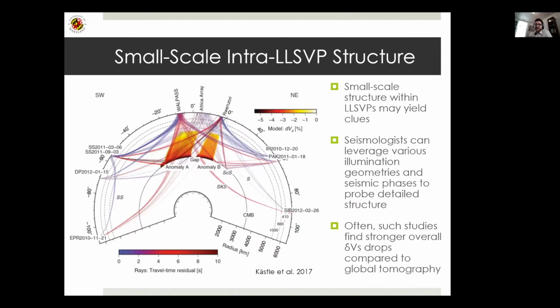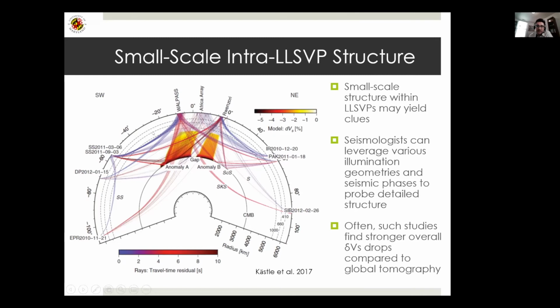So small-scale structure within the LLSVPs may yield other clues as to their origin and to their nature. And so seismologists can leverage various illumination geometries and seismic phases to probe this detailed structure. And here's a really compelling figure from a paper by Castle et al. in 2017, where they target the African LLSVP with a variety of different phases and geometries.